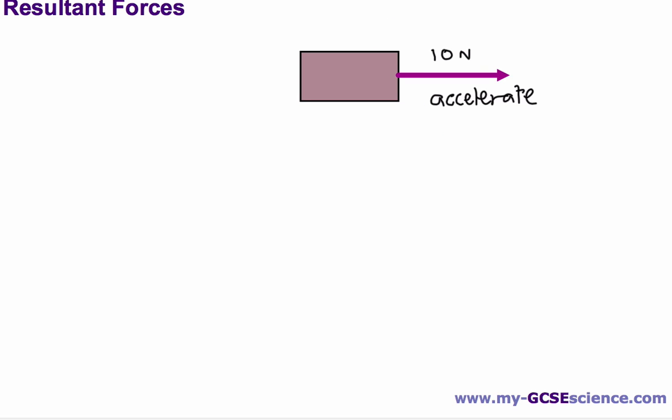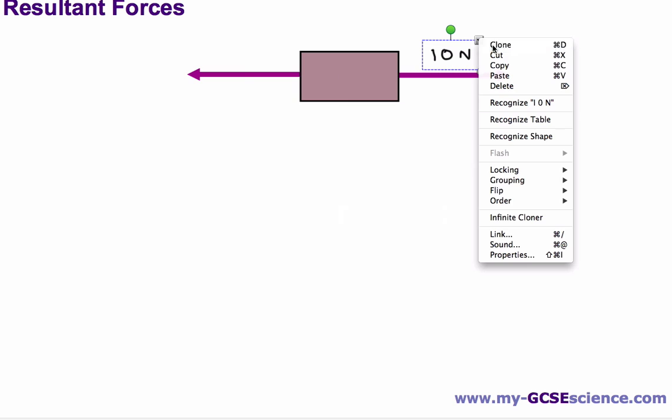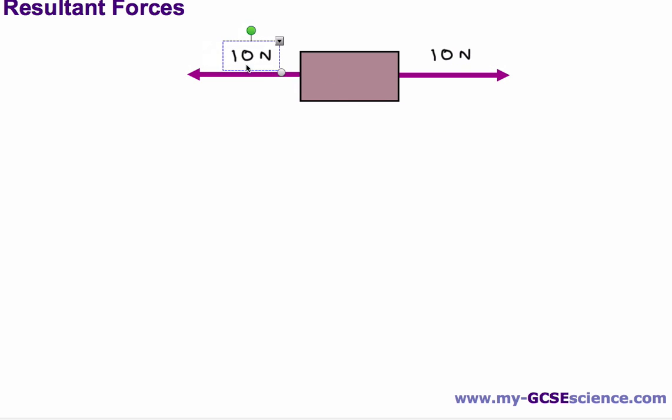Now that's quite simple to understand, but let's start again and add two forces. So let's say that on this side we have 10 newtons to the right, and on this side we have 10 newtons to the left.